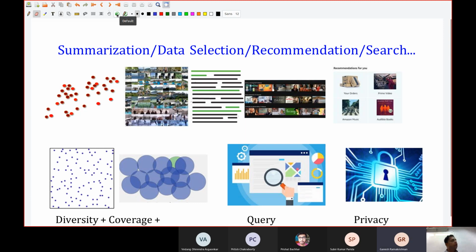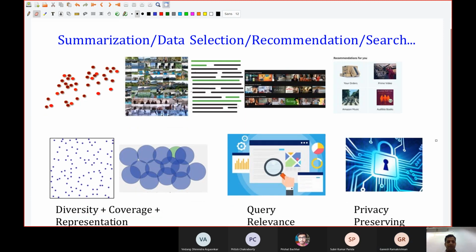So if you are looking at something like query relevance, if I give a query, and in response to that, I want to measure how good the set is. That query relevance can be viewed as a problem of retrieving query relevant documents. It can be viewed as a problem of maximizing mutual information. I think of this as a measure.